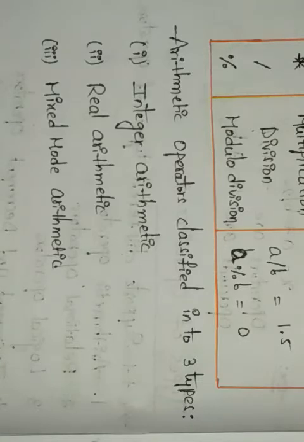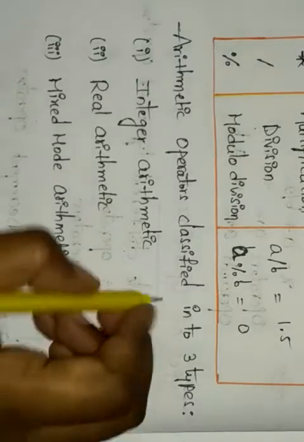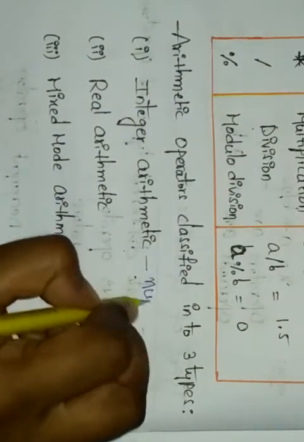Whatever integers you have, those are used here, like numerical values 1, 2, 3, 4, 5.